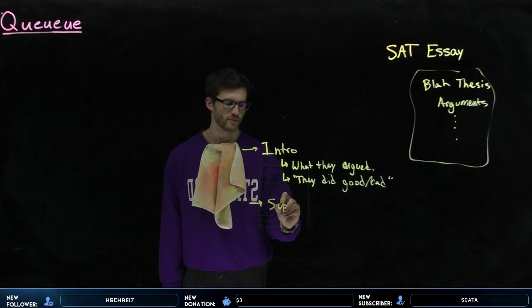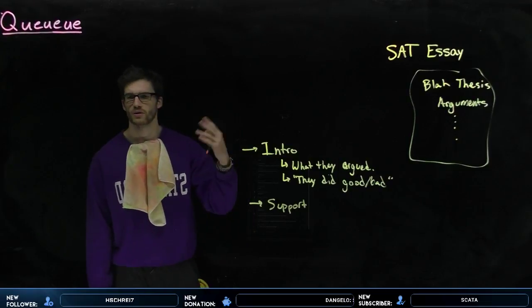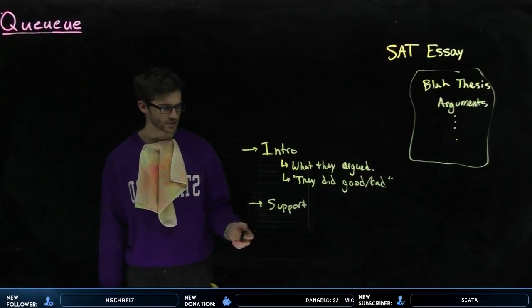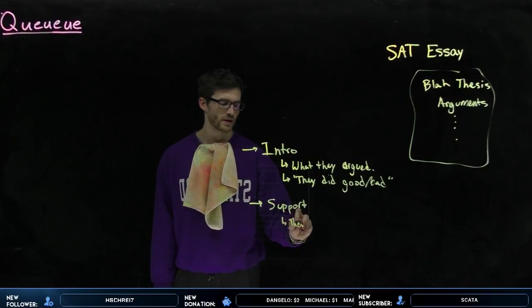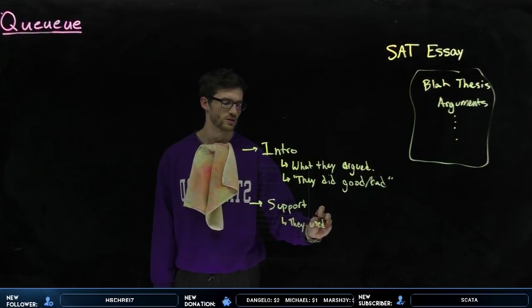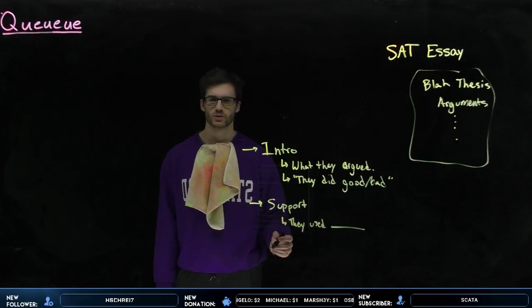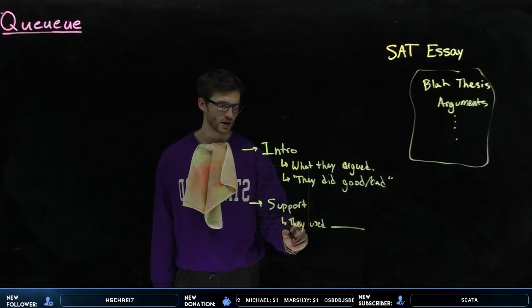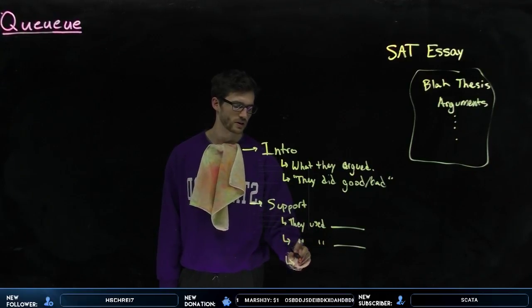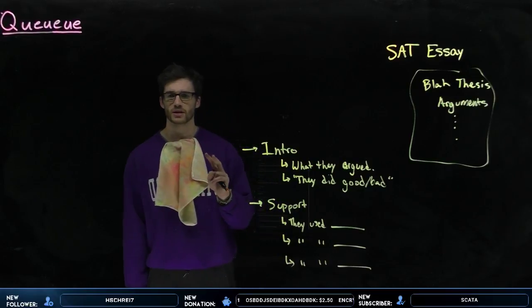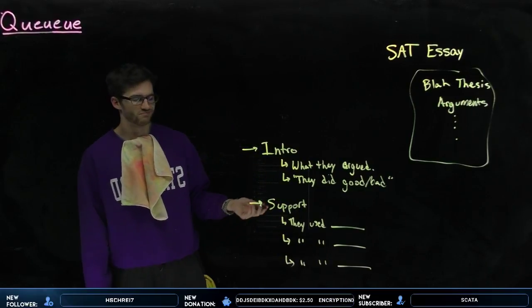And then you have your support. Let's call it that. These are your body paragraphs. I don't know what you call them or what you've learned, but this is your support. So it's going to be: they used blank rhetorical tool, and then you have another one, and hopefully another one if you have time. If not, 2 is fine. I would say definitely 2, 3, 4 if you have time.